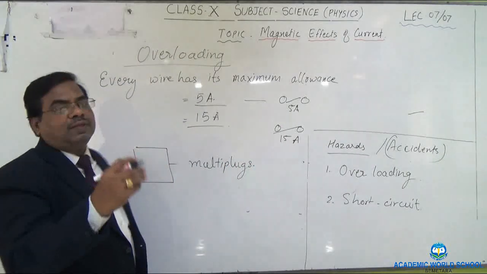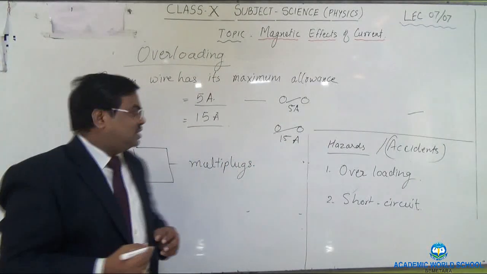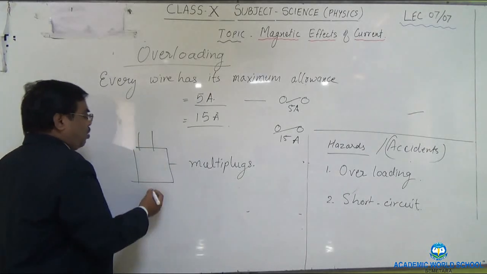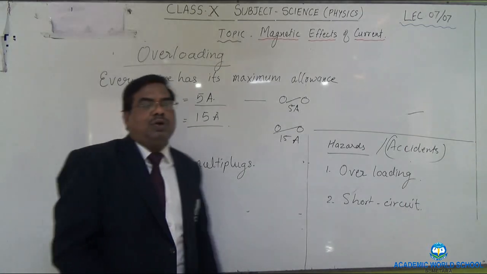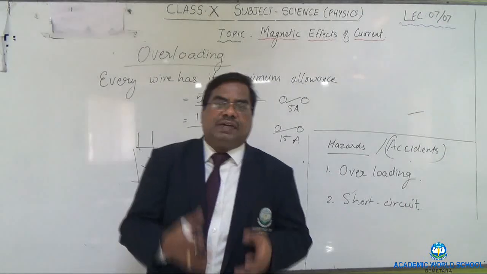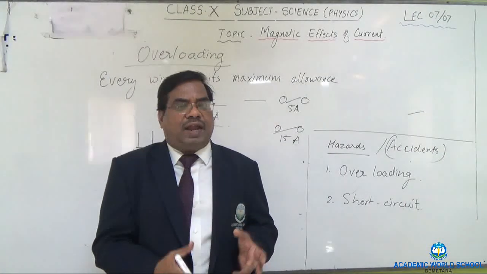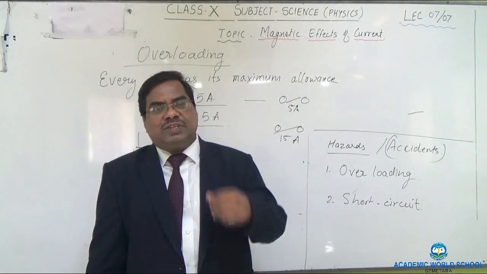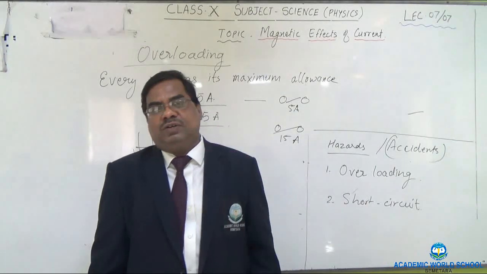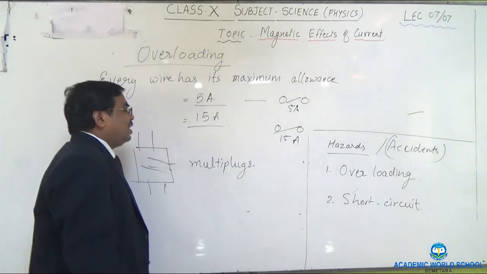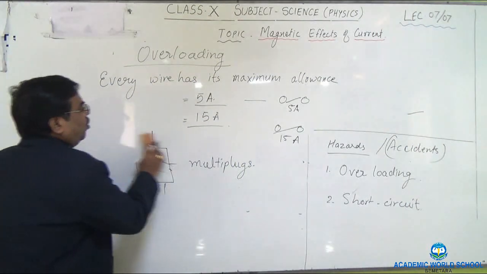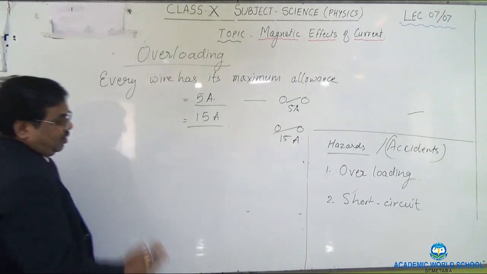Multi-plugs, you know, they are available. You can insert from top, from bottom like this, and you connect refrigerator, iron, computer and charger. So many things you connect in one socket. That is called overloading. Ultimately, the load will come on one single pair of wires.